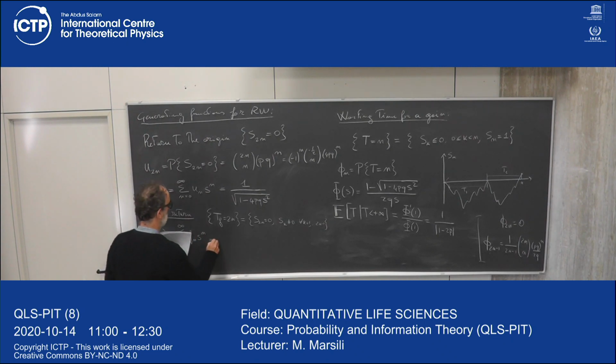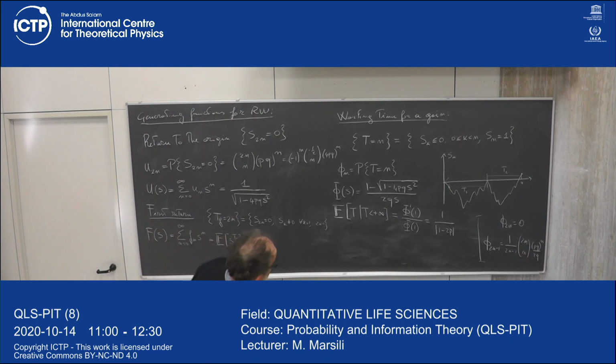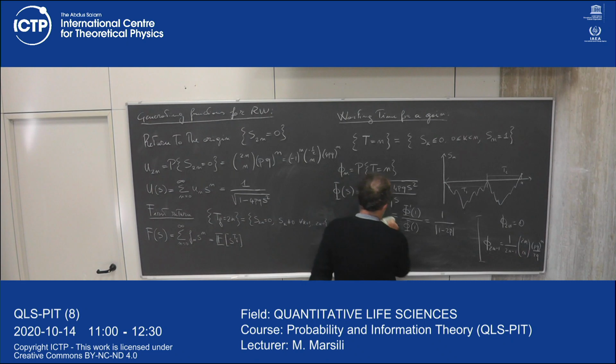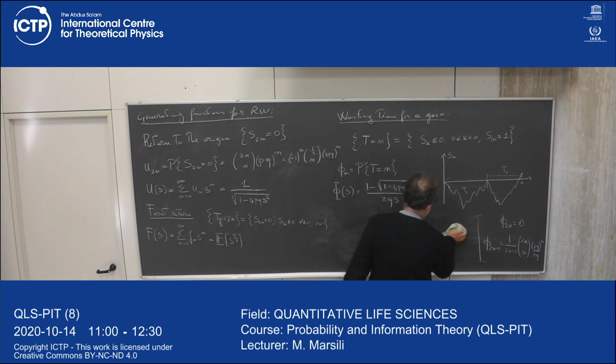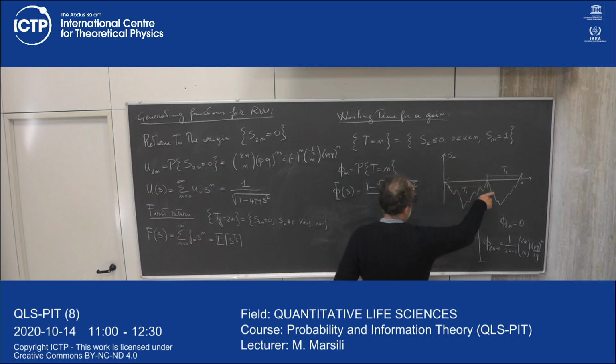And this is again given by the expected value of s to the T, the first return, by definition. So we have to see from here what is the first return, and we can argue exactly in the same way as in this case.